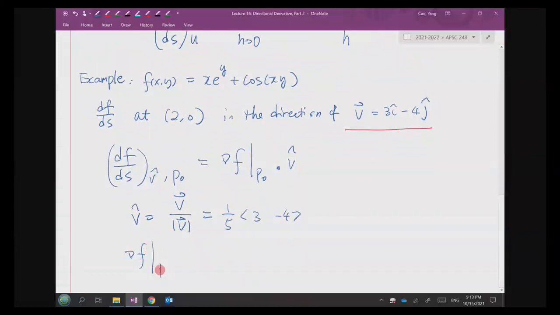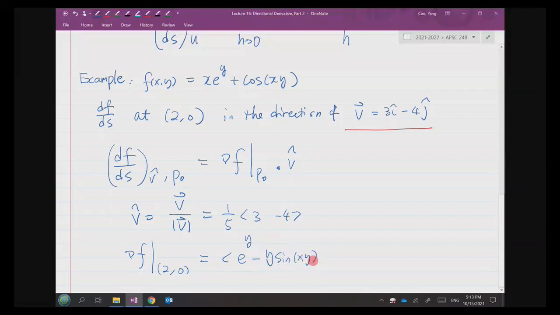At the p naught, which is 2, 0, let's put this 2, 0 here. So calculate the gradient vector first. Partial f, partial x gives you e to the power y times the derivative of cosine, which gives negative sine, and inside there's xy, so you get y times sine xy.